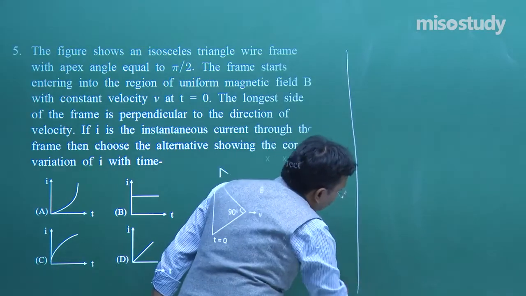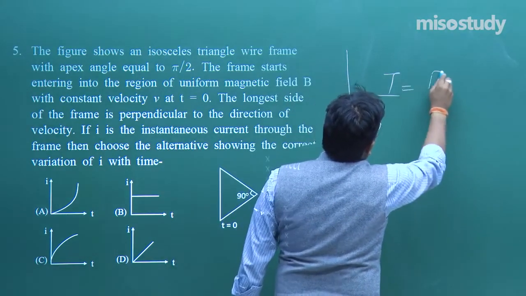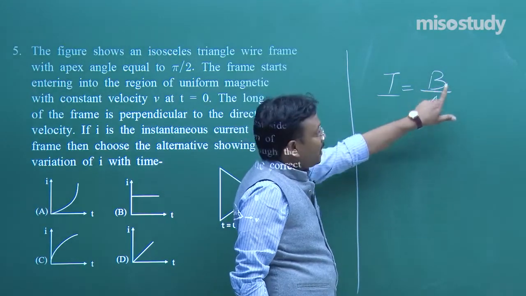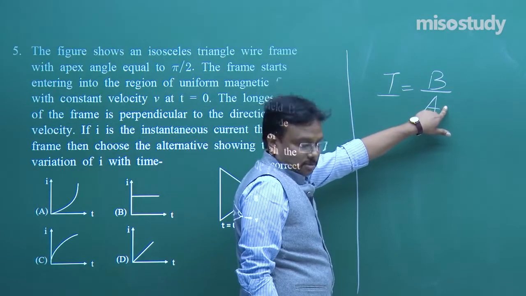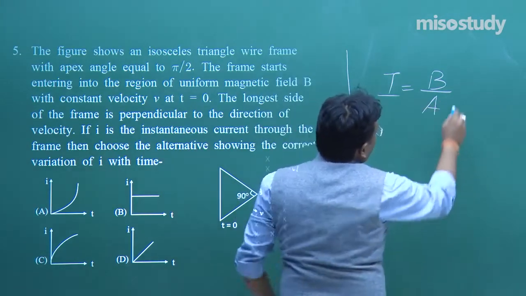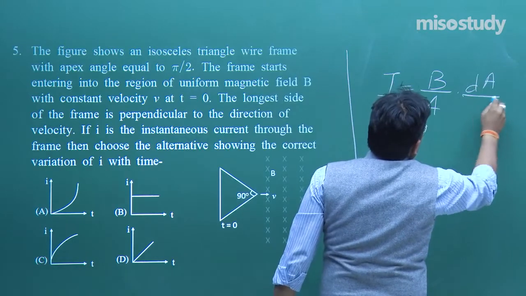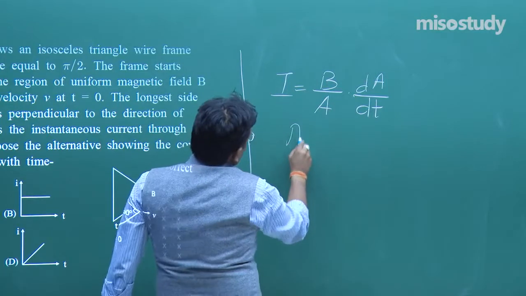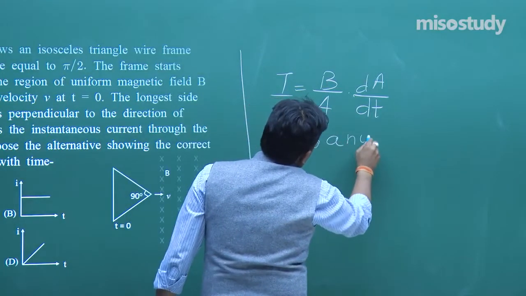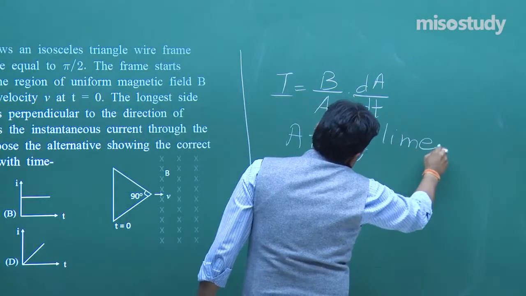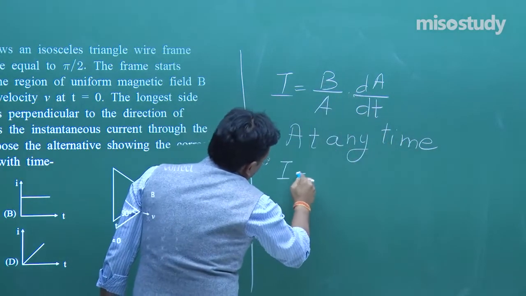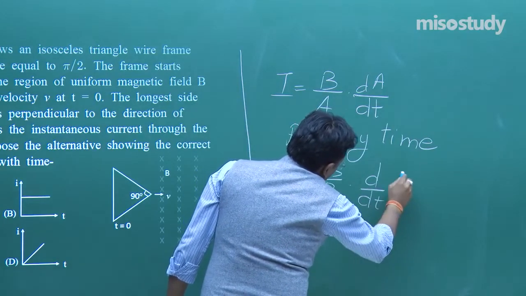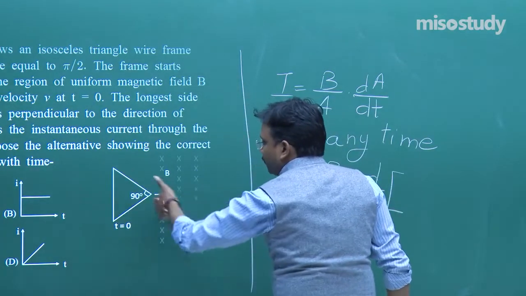So for all those people, I is equal to e upon R, that is, B upon R times dA by dt. Is it like B is changing? No. Is it like this area is changing? Yes. So how exactly is this varying? dA by dt, means area is changing with respect to time. So at any time, I is equal to B upon R d by dt of this variation of the area.